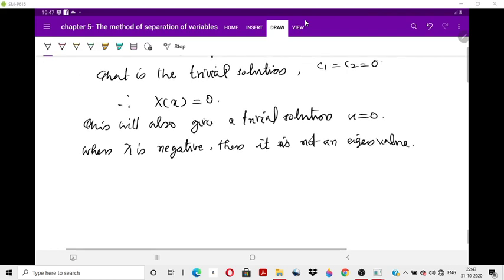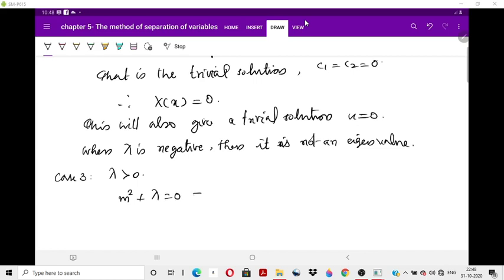Now we need to consider the last case, case 3, that is lambda is positive. Then the auxiliary equation m square plus lambda equal to 0 would imply that m square equal to minus lambda. So m is equal to plus or minus root of minus lambda, that is plus or minus root lambda into i, where root lambda is positive.